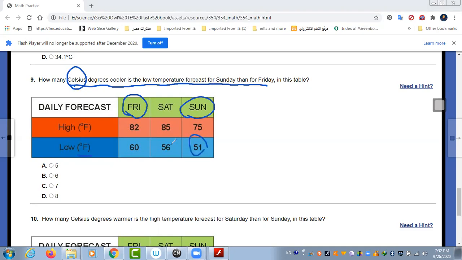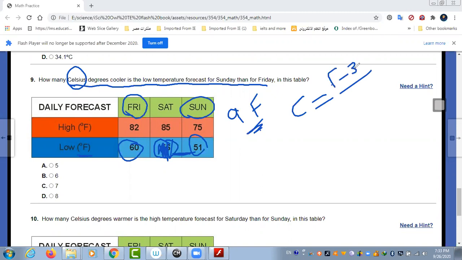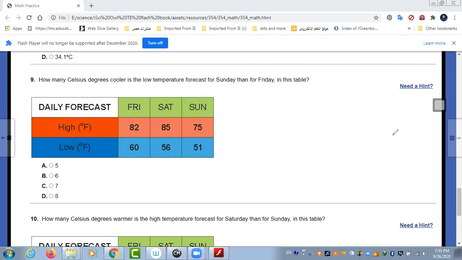You have here 51 and 60, sorry, not 56, just Friday. So get the difference: the difference is 9 Fahrenheit. Then you change it into Celsius with the same law: C equals F minus 32 over 1.8. And all the next questions are the same.